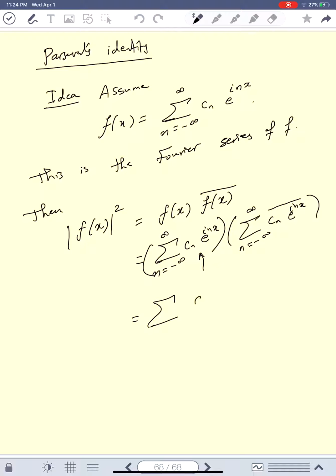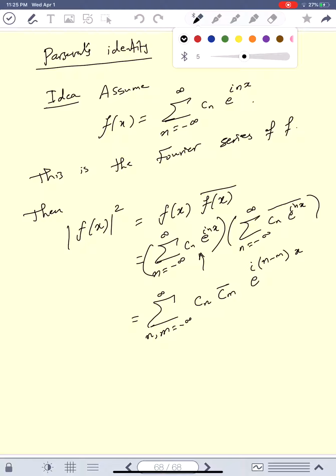So you will get Cn times Cm conjugate times e to the i (n minus m)x, for all possible choices of n and m from negative infinity to infinity. Where did we get the e to the i times (n minus m)x? The e to the i nx is clear from here.